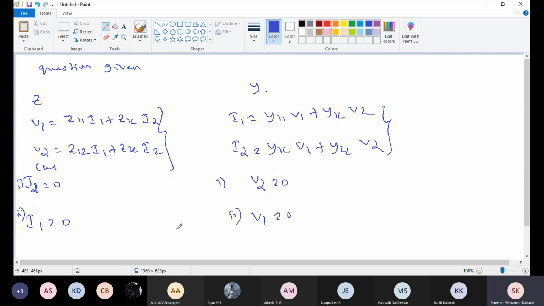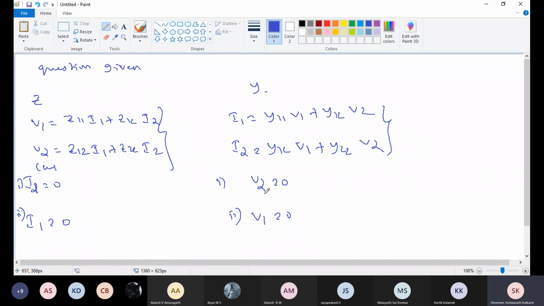For calculating the Y parameters from the given network, first I need to write the linear equations in terms of I1 and I2. Then after getting the linear equations, we put one of the independent variables equal to 0.